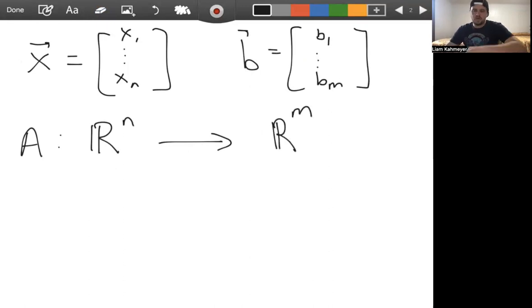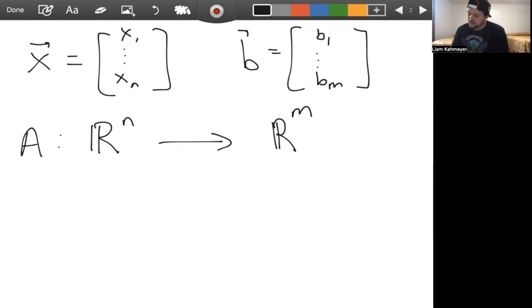This is what we're going to be exploring more in depth now: viewing a matrix as how it's transforming a collection of vectors into another collection of vectors.